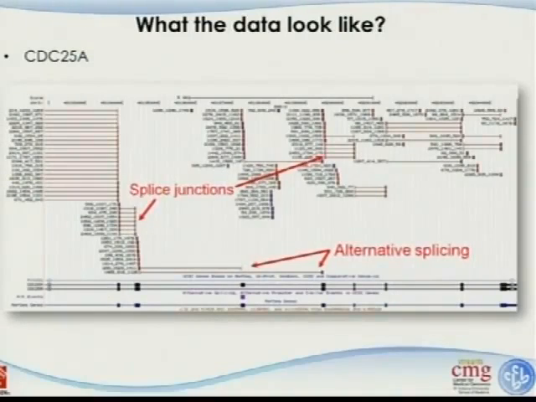This is an example of what the data will look like. Let's go through this slowly. This is one gene. There are many different exons, and there are introns. We observed these reads, called exonic reads, meaning they fall only into the exon region.